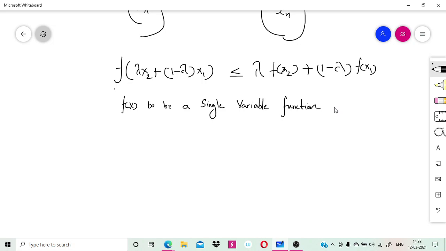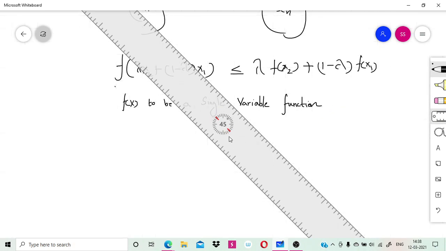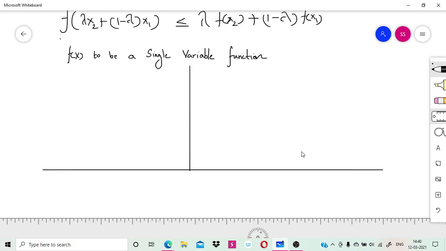We have the axes like this. This is the x-axis, x represents x, and this axis represents f of capital X. And our f of x looks like this.